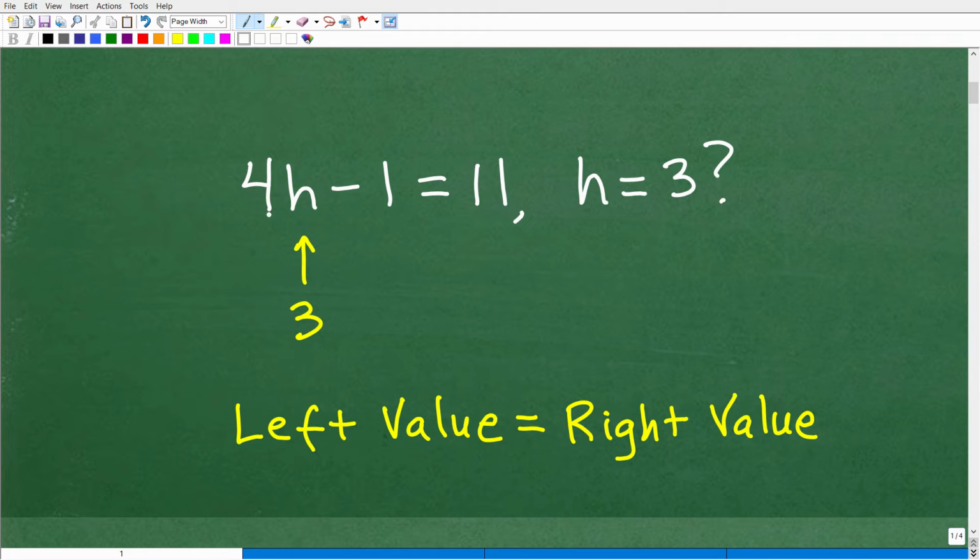Well, here's my equation, 4h minus 1 is equal to 11. If I'm saying h is equal to 3, if I'm saying this is the solution, great. What that means is if I go back and take this 3, because 3 and h are the same thing, and I replace this h with 3, and I simplify the remaining expression, well, the left-hand value, when I finish all this math, is going to equal the right-hand value.